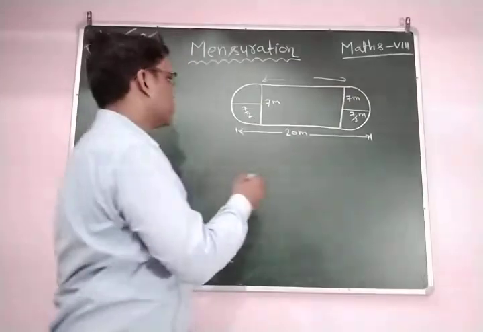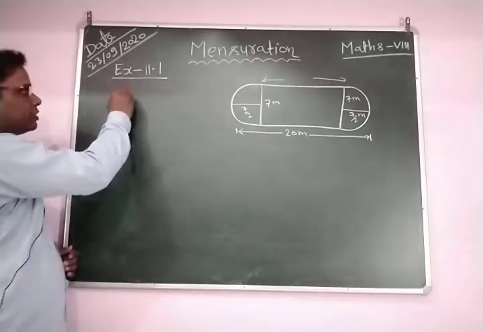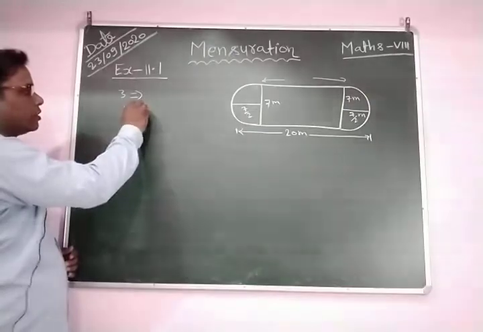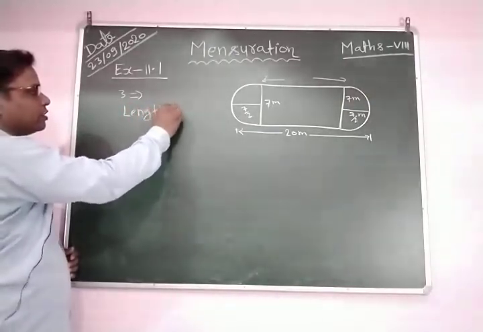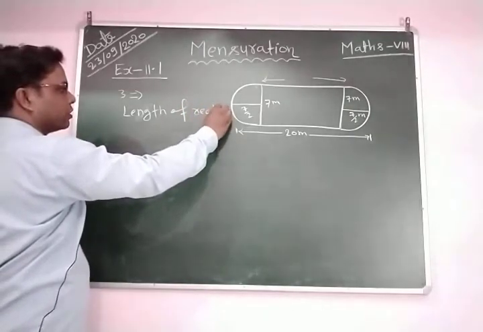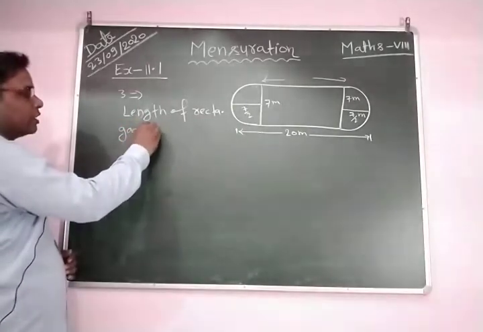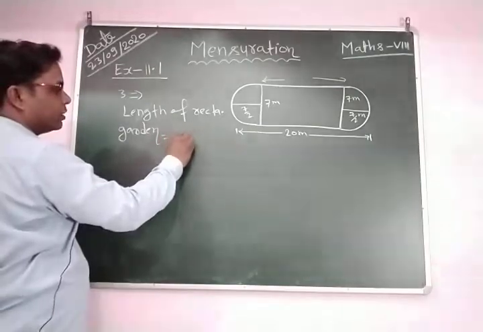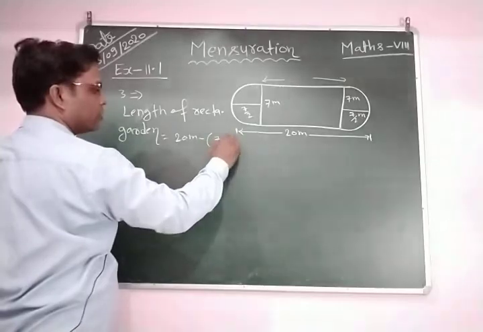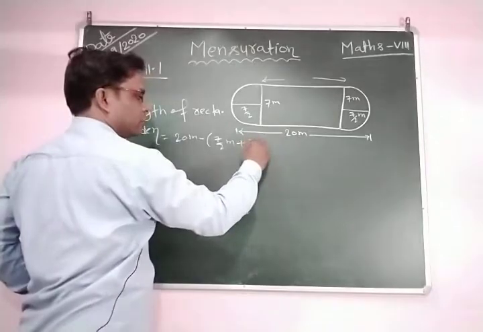So the length of the rectangular garden you can write here. This is question number 3. First, the length of the rectangular garden is equal to 20 meter minus 7 by 2 meter, minus again 7 by 2 meter.